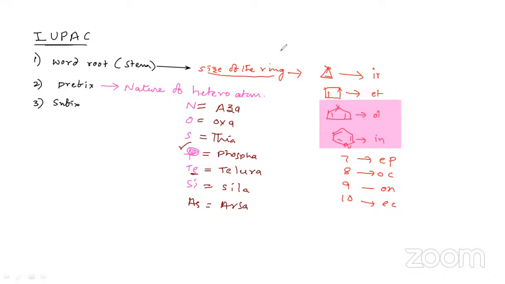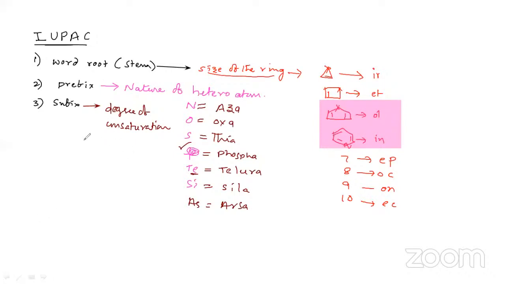Next one, most important one, in case of suffix, it denotes the degree of unsaturation. So it gives information about whether it is saturated or unsaturated.